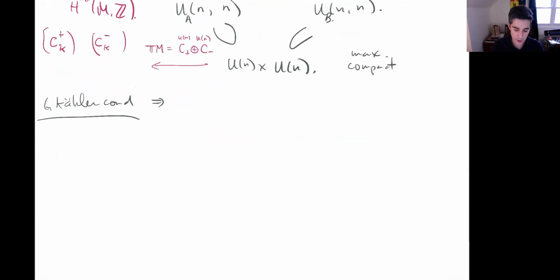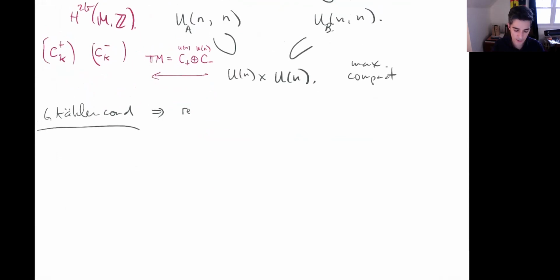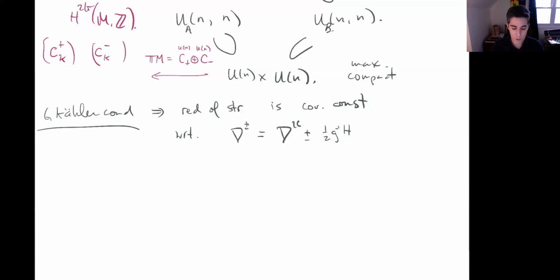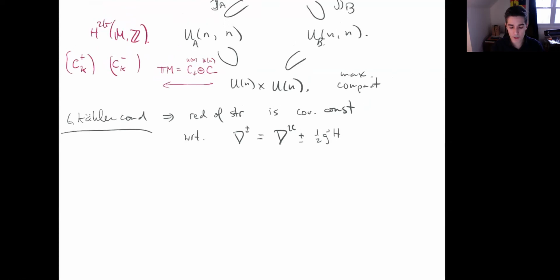The generalized Kähler condition is now saying that this reduction of structure is covariant constant with respect to two natural connections which Gates, Hull and Roček called nabla plus and minus, which differ from the Levi-Civita connection by one-forms.